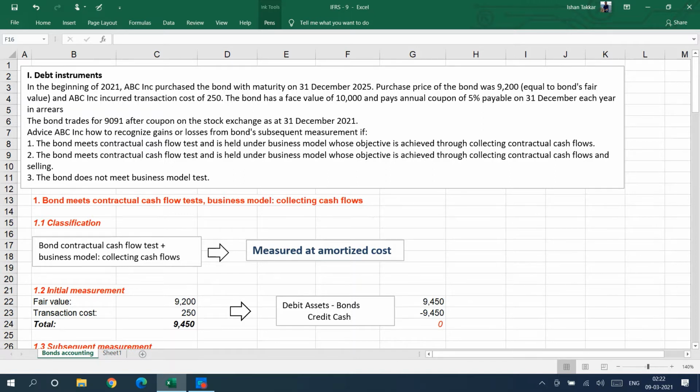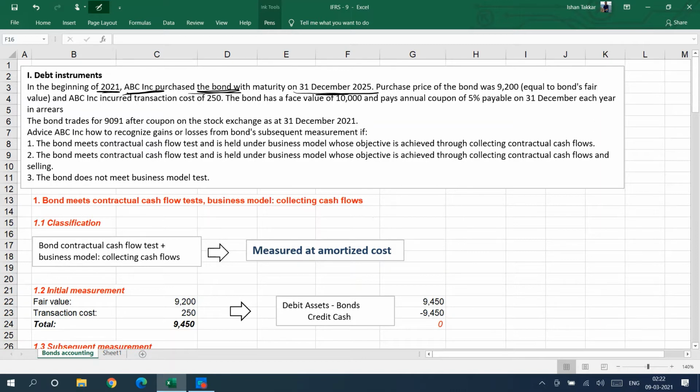So let's see. Suppose you have invested in a debt instrument, that is a bond. You are ABC Incorporation, and in the starting of 2021, you purchased a bond, and it has a life of 5 years. It will be maturing on 31st December 2025.